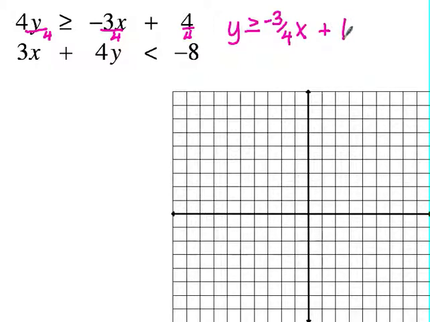So y-intercept is what? 1. Slope is? So that means down 3 over 4. Yep. Solid, dashed? Solid, good.